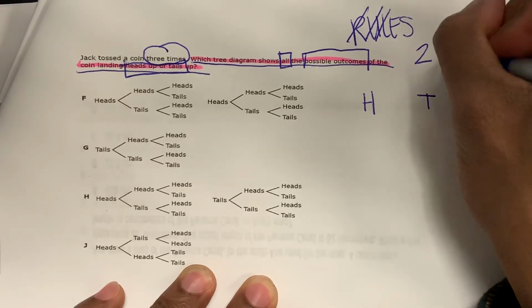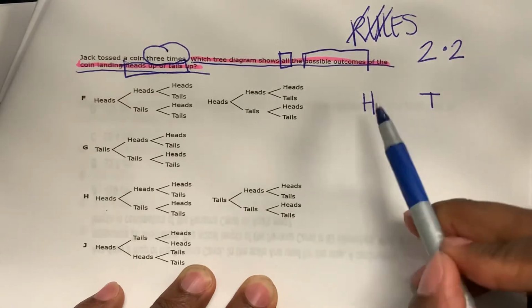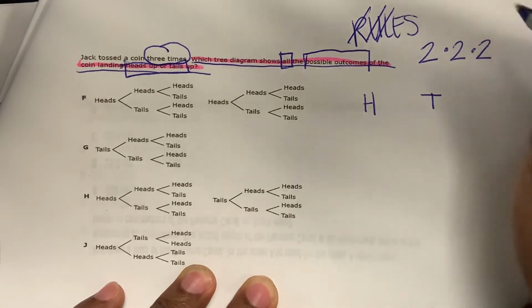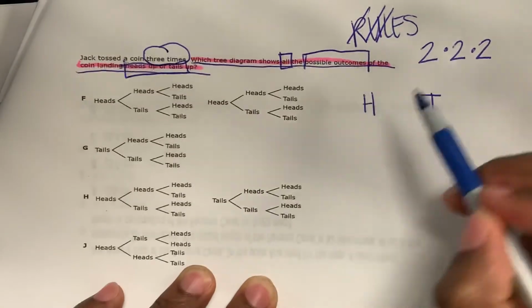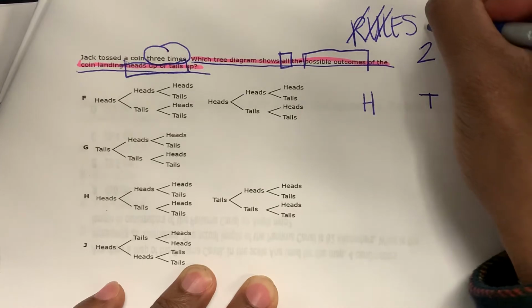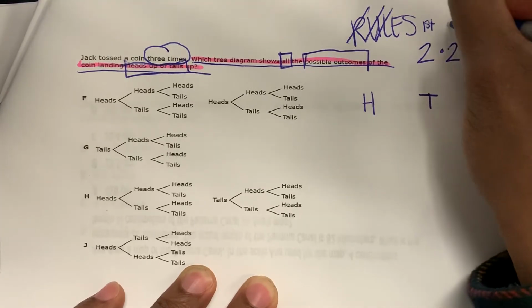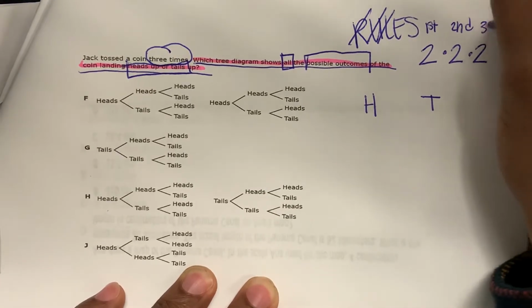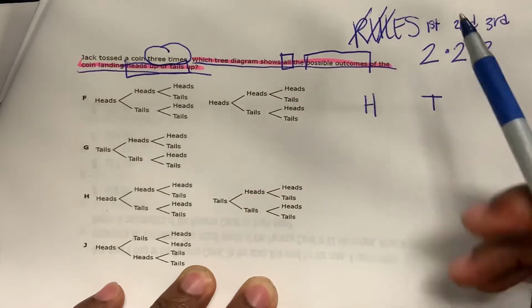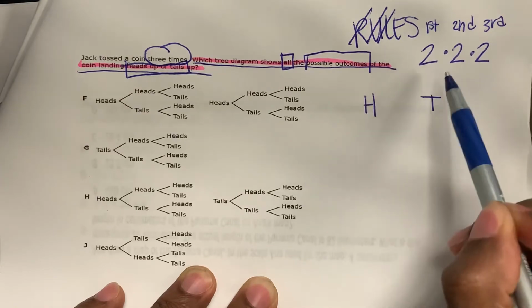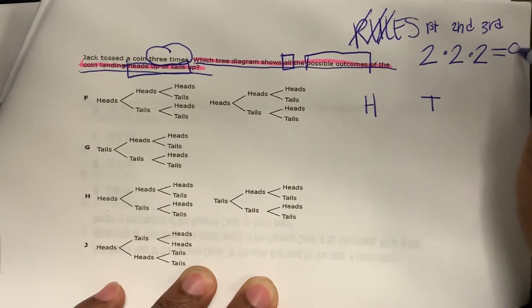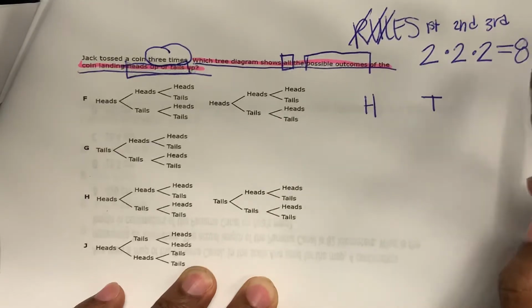And then when we flip the coin the second time, it's the same 2 possible outcomes. It could be heads or tails. And if we flip it a third time, it's going to be the same number of possible outcomes. It could be heads or tails. So I put a first here, second, third times that we run the trial or that we flip the coin, there's 2 possible outcomes every time. So 2 times 2 times 2 is equal to 8. There's 8 total possible outcomes.